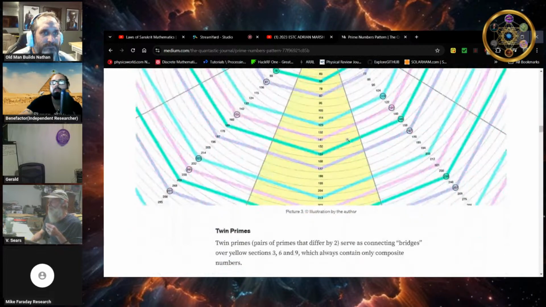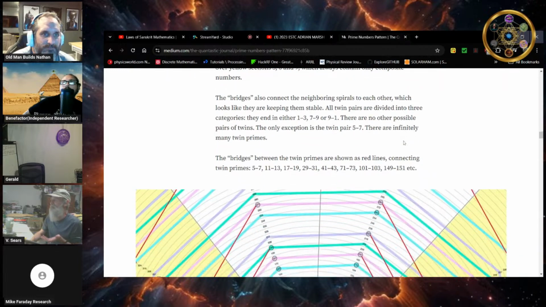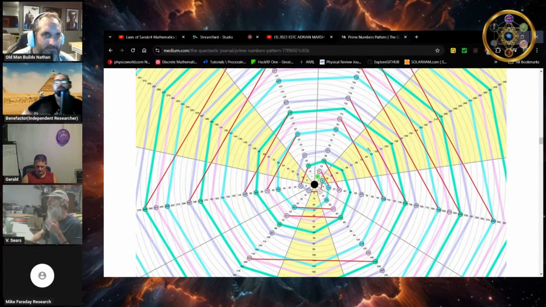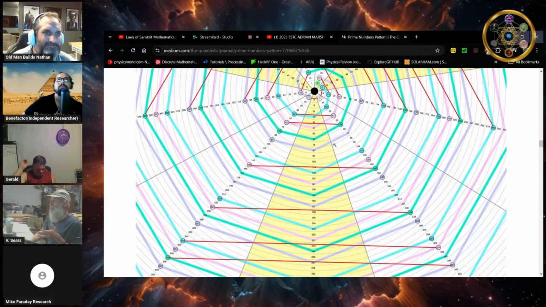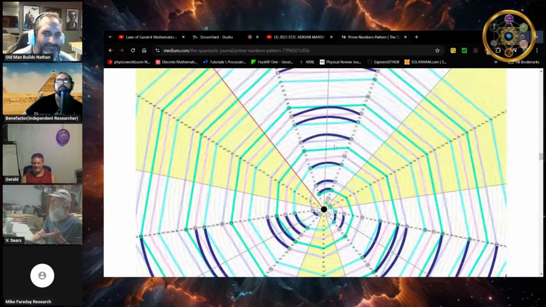And then there's another group of twin primes, like my number 618 sits right in between the numbers 617 and 619. That's a twin prime pair. So anyway, the twin primes connect across the junctions that don't have atomics or primes. They bridge them.